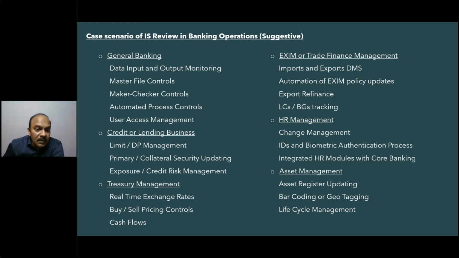Okay, so that's the general banking. Again, credit or lending businesses are purely about the limit and DP management, and the collateral security. Here also it is a pathetic stage, where if you generate a report of CCOD, in any system, you would definitely see blanks in the primary security or collateral security. Why?